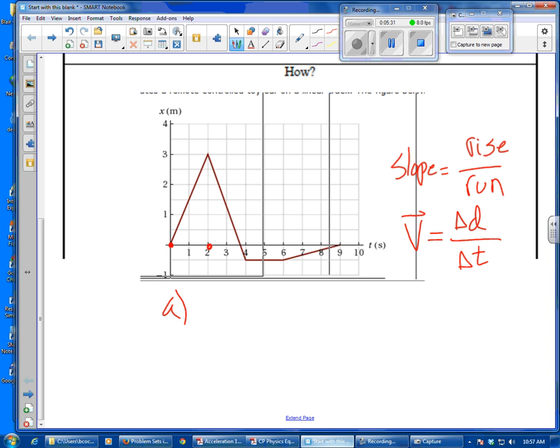So I want to figure out the velocity for the first 2 seconds. So I'm going to say velocity equals my rise, which is my change in d, and I know change is final minus initial. So my final position is 3 meters minus my initial position 0 meters over my time, which is 2 seconds minus 0 seconds, which equals positive 1.50 meters per second.